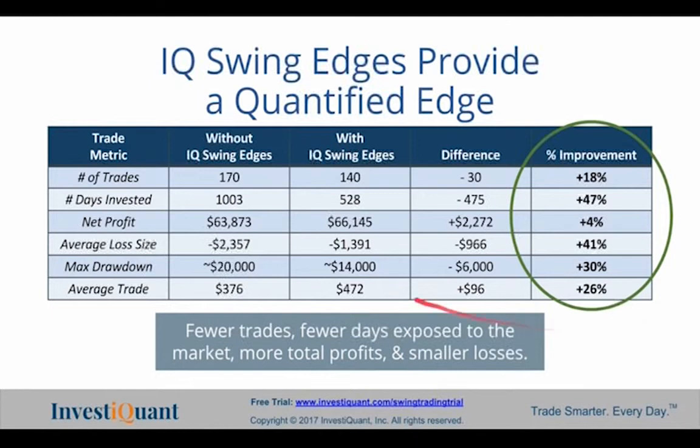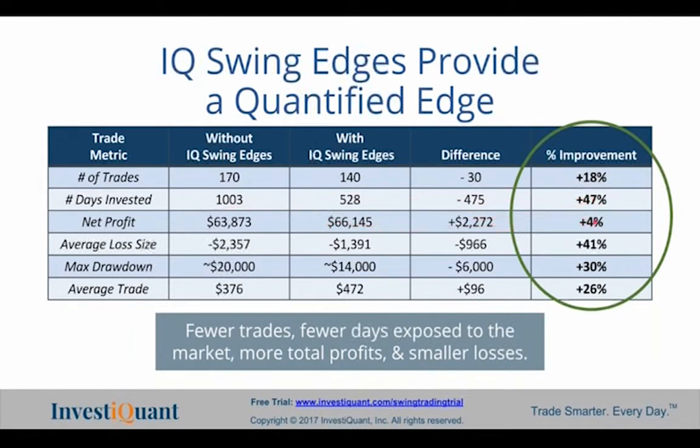So here's a comparison of utilizing the 5-day high, 5-day low method with and without swing edges data included as a confirmation. Without swing edges we have 170 trades. With it we're down to 140. So there's not as much trading that needs to happen, 18% less. You're in the market about half the time, as we saw.